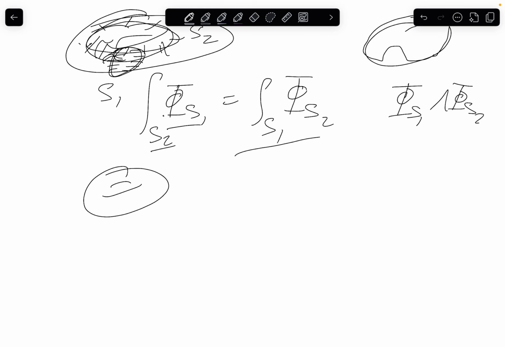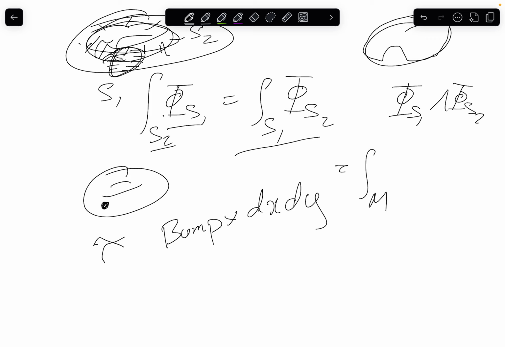So you get something concentrated at their intersection as a two-way bump function, which will look like bump times dx dy locally. So a third way you can compute this is the integral over your entire manifold of phi S1 wedge phi S2.